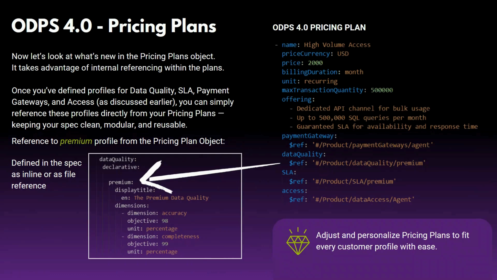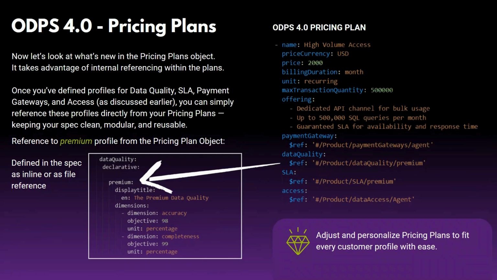And now, inside this example plan, we are referencing, for example, the data quality that we defined previously with this simple ref, product data quality premium. And then SLA, access, and the payment gateway, the same way again. And now on the pricing plan level, we can switch these easily.